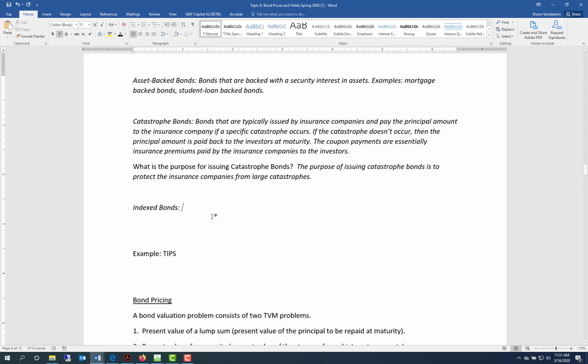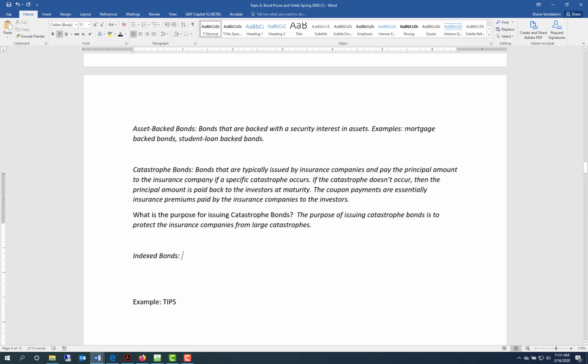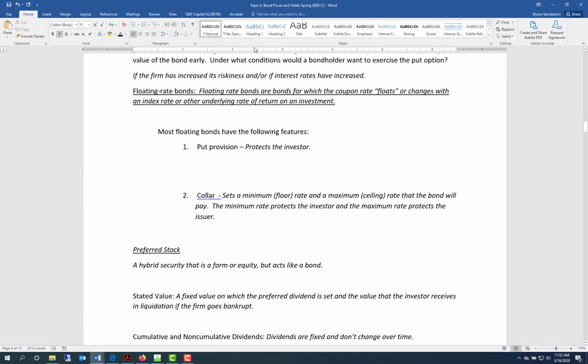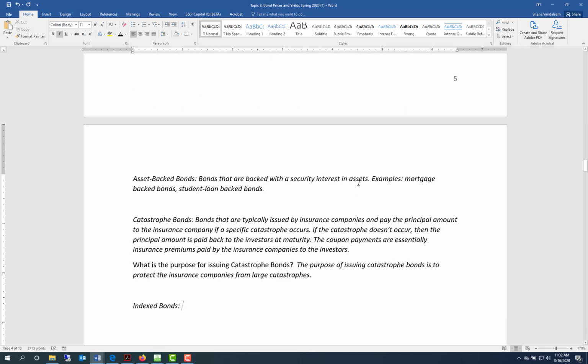An index bond is kind of like what I mentioned up here, floating rate bonds. They're a lot like floating rate bonds. They specifically float with an index.